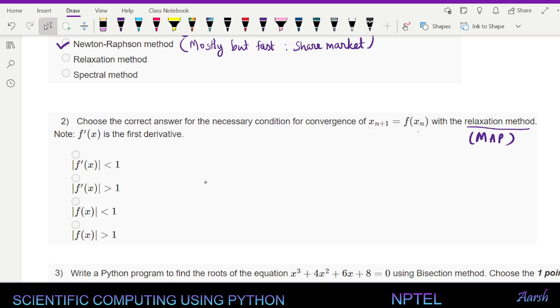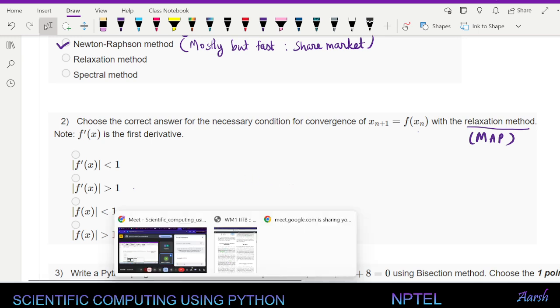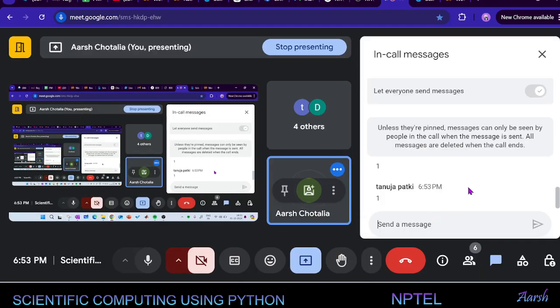Okay, so we just discussed this. Is the mod of the derivative less than 1, mod of the derivative greater than 1, mod of f of x less than 1 or greater than 1? Answers in the chat box, please. 1, yes.